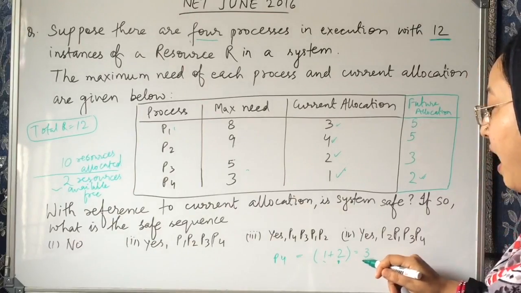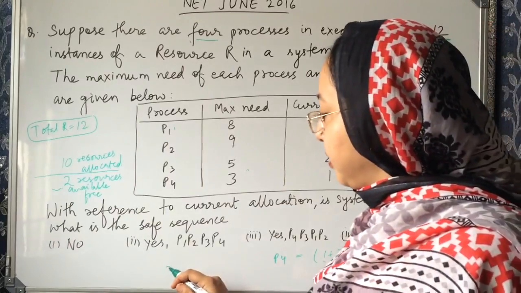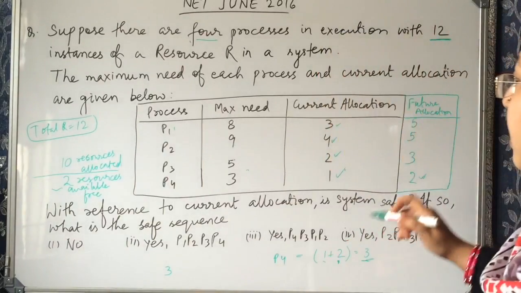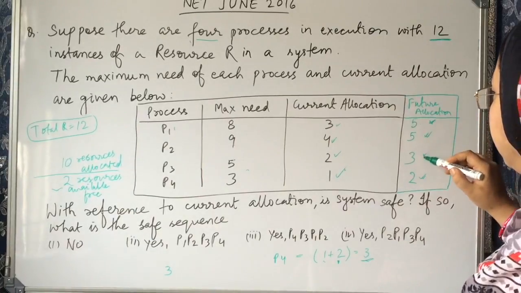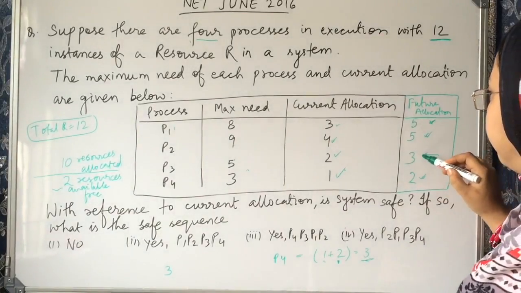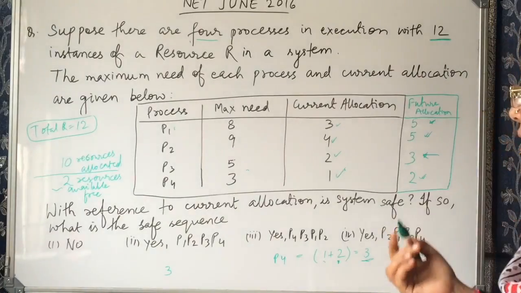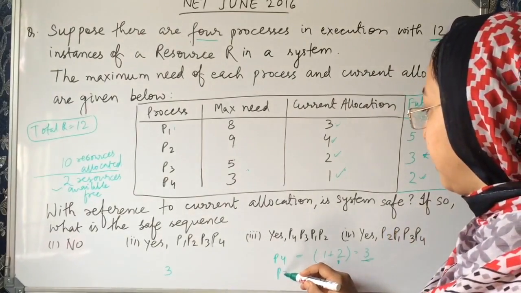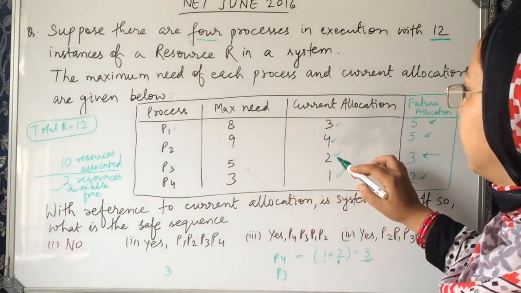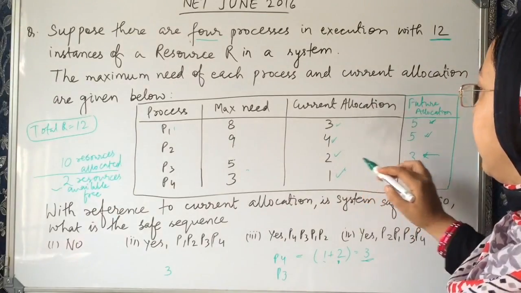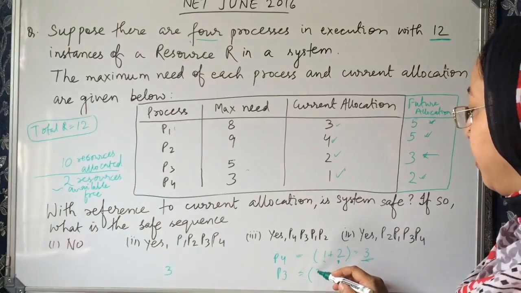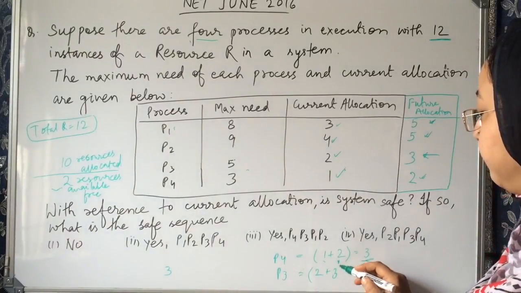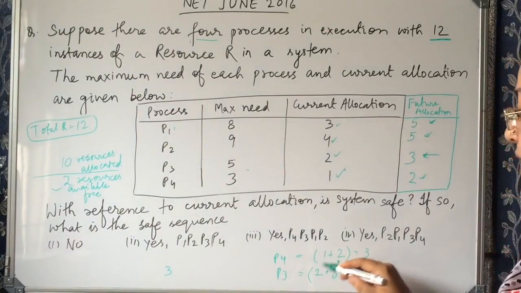So now we have 3 available resources, and with 3, which process can we complete? This one, P3. P3 already has 2 allocated and requires 3, so let's assign 3 to it.